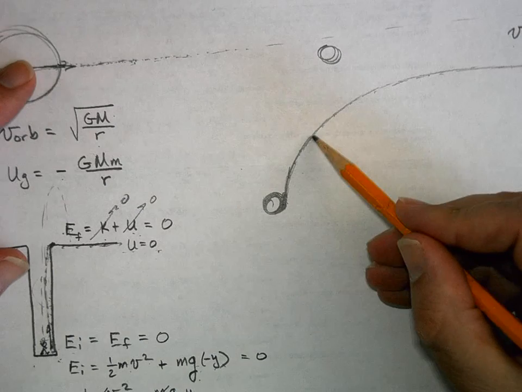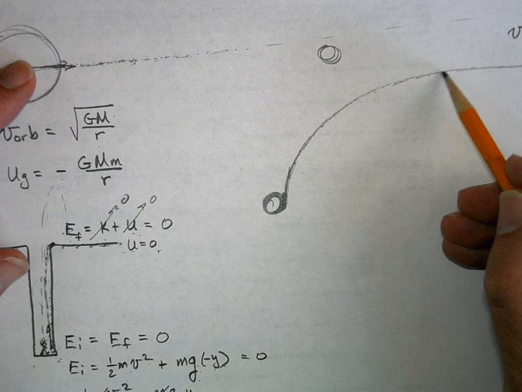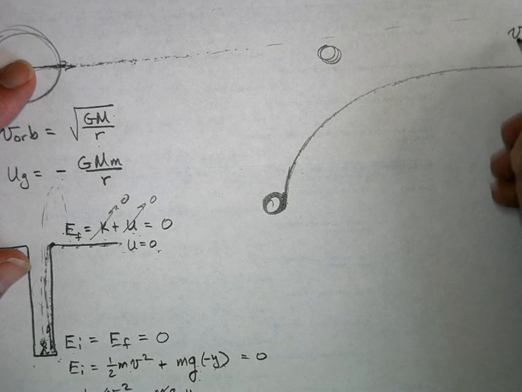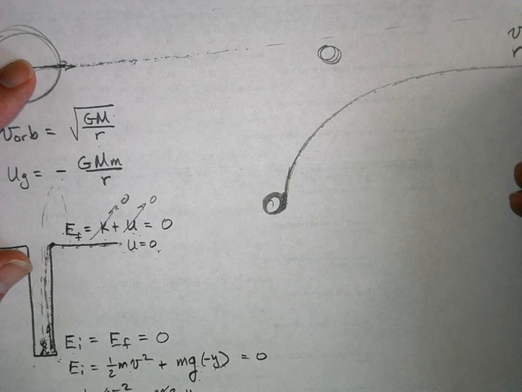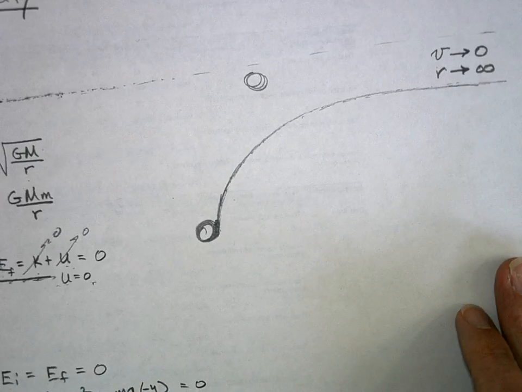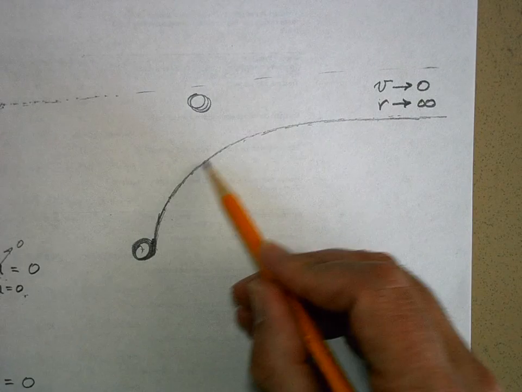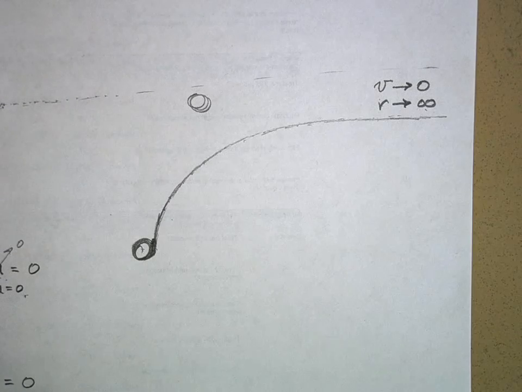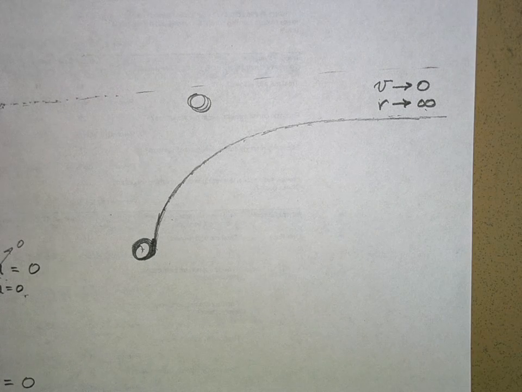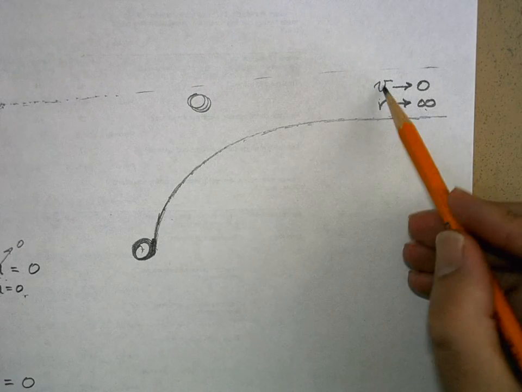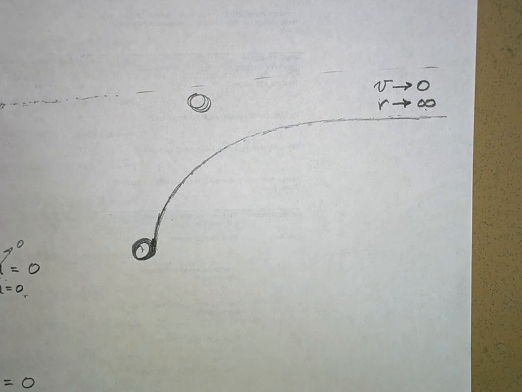But as we move away, it's slowing down, slowing down, so that when r gets to infinity, when our distance from the center of the Earth approaches infinity, right? We never get to infinity, but we can go really, really far away. Then our velocity will go to zero.